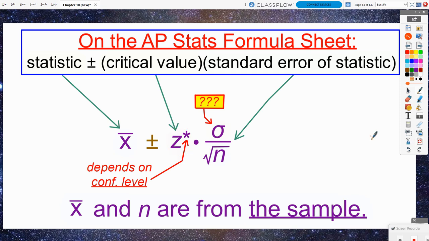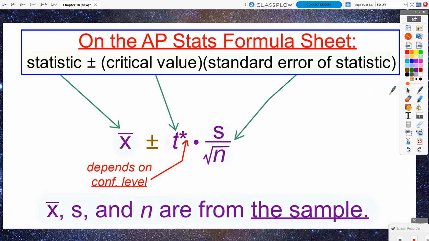But again, I'm going to tell you, you are not going to use this formula that often, because you are not going to be given the population standard deviation often. So keep this in the back of your mind. This isn't going to be the normal formula we're going to use. We're going to use more this formula. If we don't know the population standard deviation sigma, we're going to replace it with its next best thing, the sample standard deviation, which is just s, or in your calculator, if you did one variable stats, that Sx value.